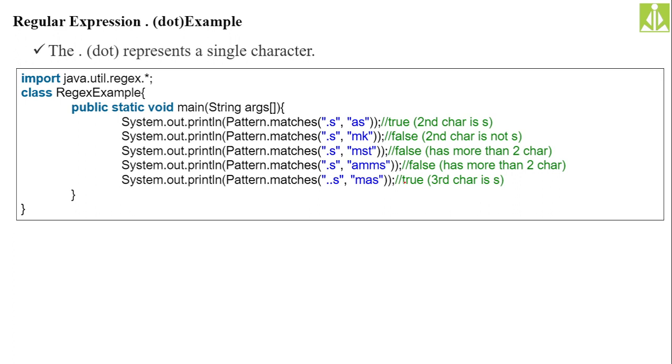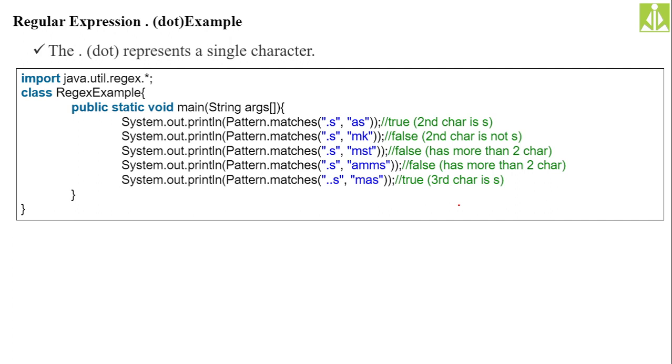Simply Pattern.matches of, first you give the regular expression, then the matching string. That's it. Here dot s means the string length should be two characters, the second character must be s, and the first character can be anything.